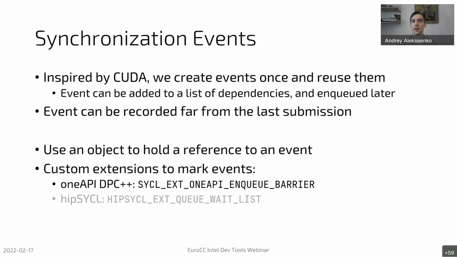So events are used before the corresponding operations are even enqueued. And it's better for synchronization, and often it's used very, very far from the place where actual work is enqueued.